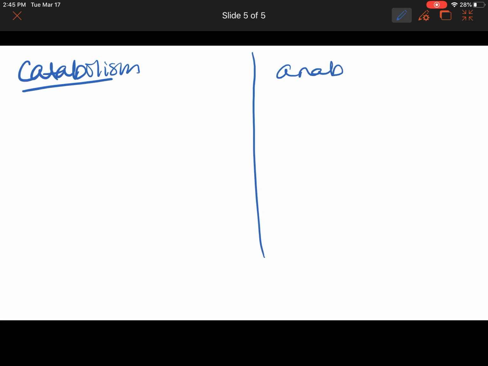So now we're going to talk about exergonic and endergonic reactions, positive and negative delta Gs, in the context of catabolism and anabolism that we introduced in the last lecture. So catabolism, remember, in general, is going from big to little.